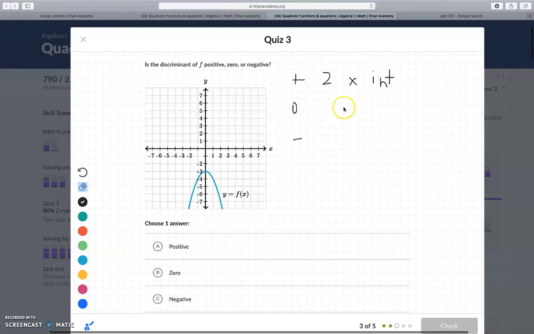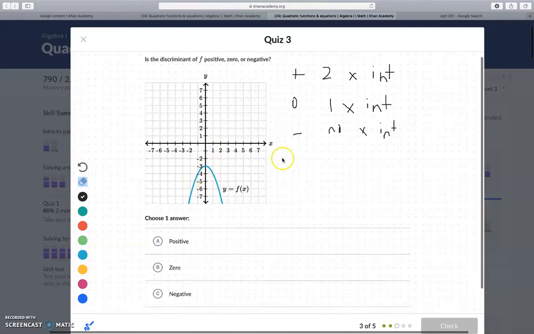If it's 0, that means there's 1 x-intercept. And if it's negative, that means there are no x-intercepts. That's an imaginary number. Now, if you look here, this thing does not cross the x-axis, so this is going to be negative.